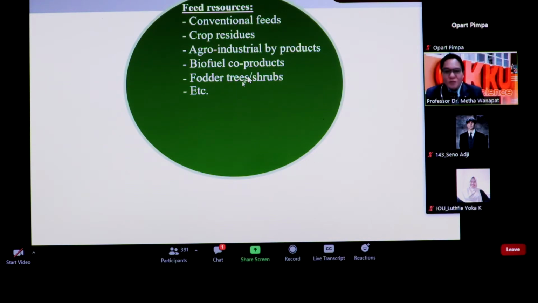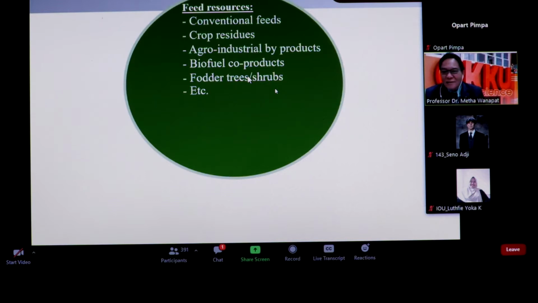So the feed resources that will be consumed by the animals are very important among other important factors. Feed resources or nutrients that will be taken in by the animals.